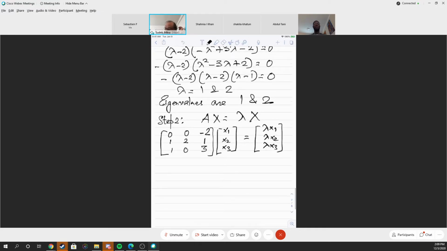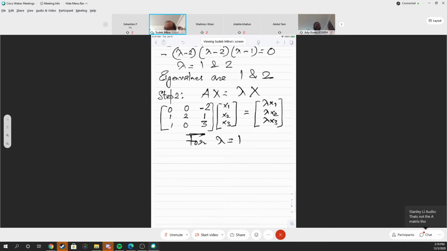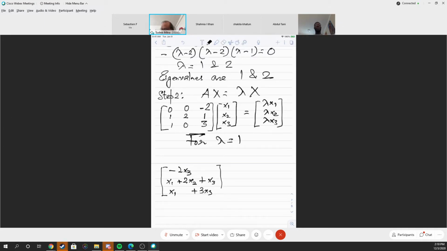Okay, now for lambda equal to 1, we have what? Minus 2x3, x1 plus 2x2 plus x3, x1 plus 3x3 equals lambda 1 times x1, x2, x3.